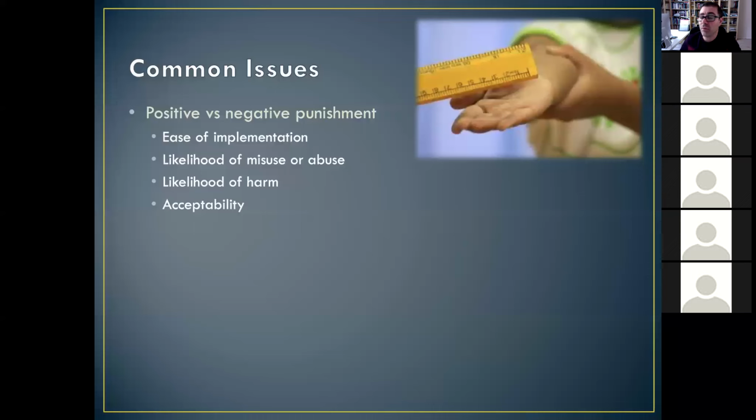I doubt that you guys are thrilled about having to miss the party because you misbehave. So no one is happy about contacting punishment contingencies, whether it's positive or negative. So it definitely produces emotional reactions, right?